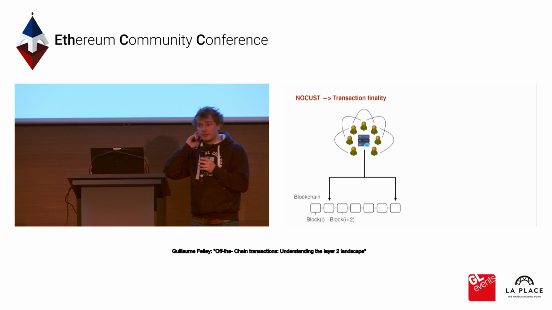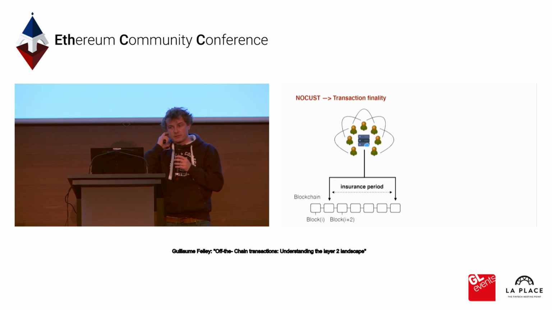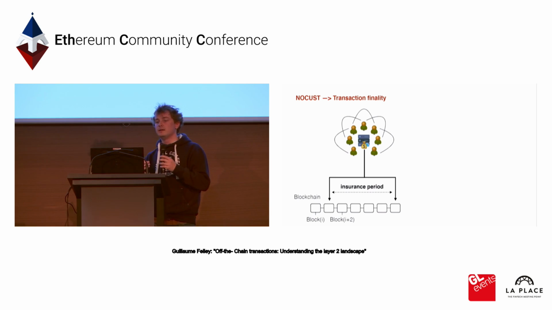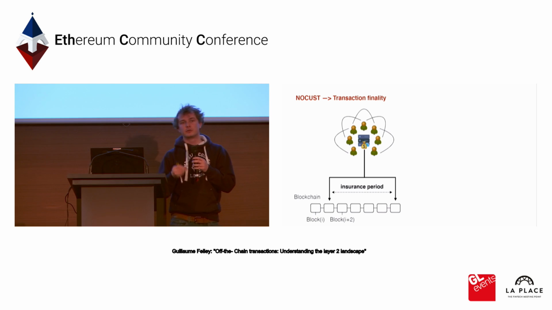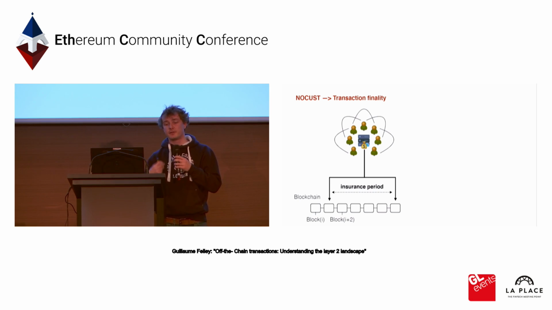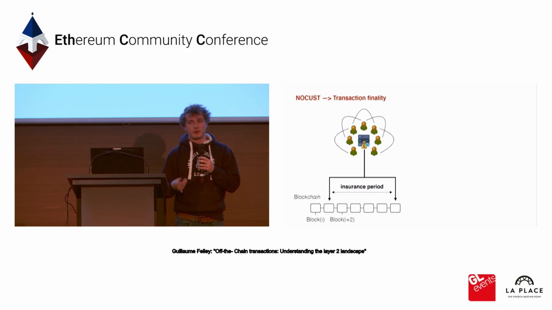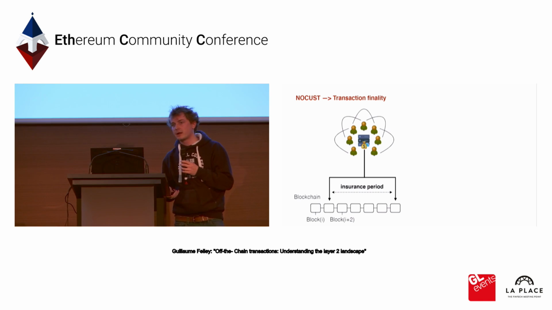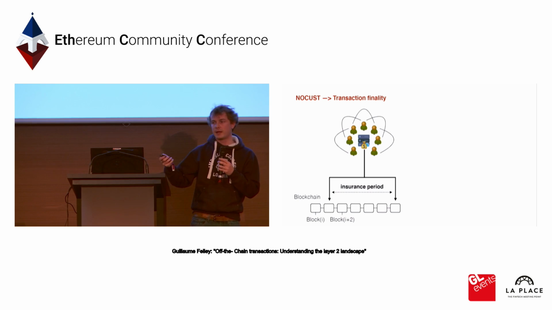The way we get around that is that we have an insurance period. We provide a pool of collateral that is used to ensure not-yet-confirmed payments. What you get out of that is basically instant economic finality, because if I make a transfer and something goes wrong in the future with the upcoming checkpoint and my transaction is not included as expected, I can tap into this collateral pool and get my money.